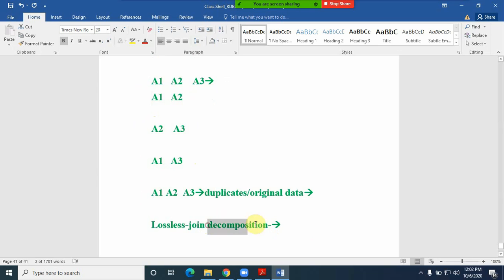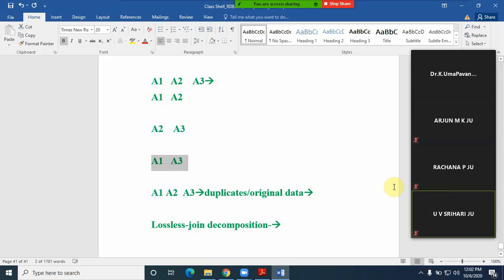That is the decomposition. Again we are joining the data. It means I am picking up A1, A2 from the first, A3 from the second, and A1, A3 from the third query. A1, A2, A3 I want to pick up.